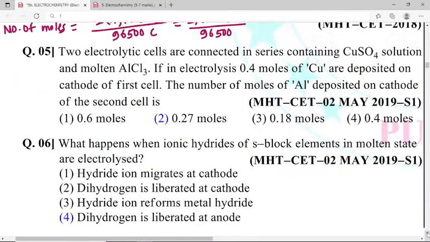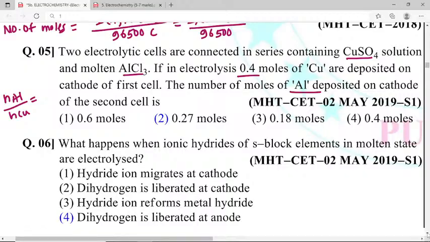Next, two electrolytic cells are connected in series containing copper sulfate and molten AlCl3. 0.4 mole of copper is deposited on the cathode of the first cell. What is the number of moles of aluminum deposited at the cathode? The number of moles of aluminum deposited divided by the number of moles of copper deposited is equal to the mole ratio.